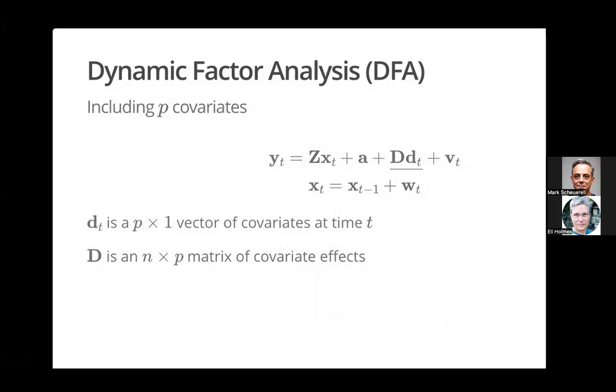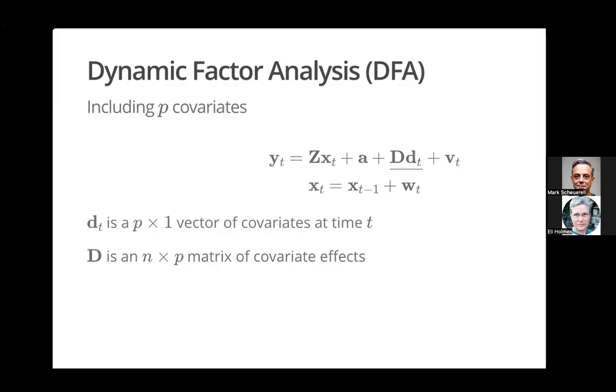This is a really important thing that I'm going to emphasize a bit here now and moving forward. It is entirely possible to include covariates in your DFA model. If you think back to the very beginning, we were talking about these fixed or deterministic aspects and then this random aspect. This, together with this, is your fixed bit.